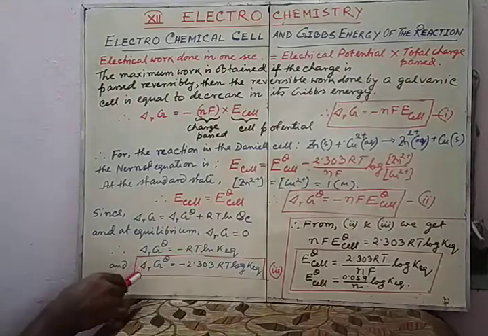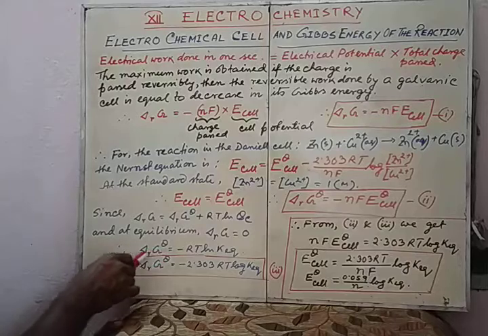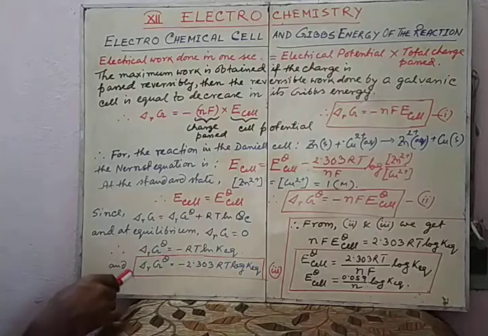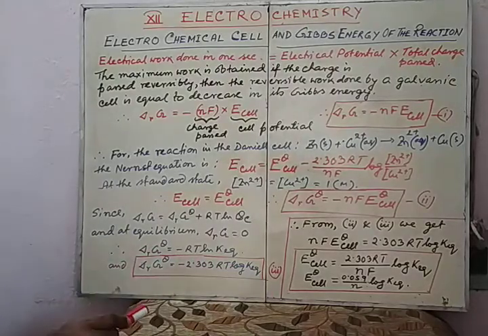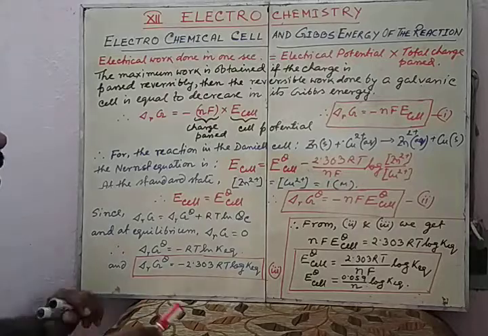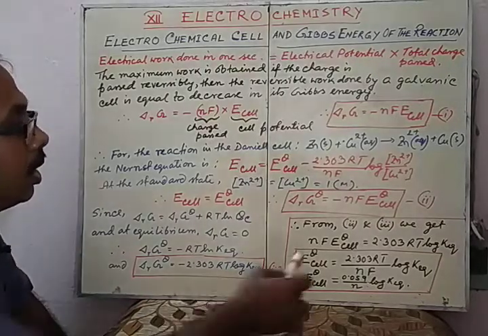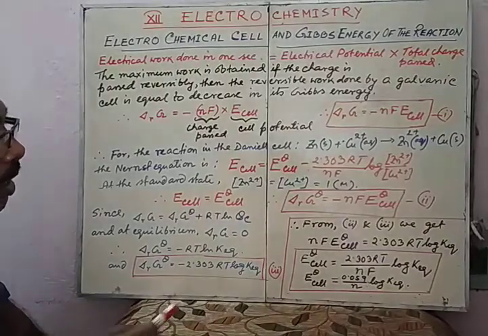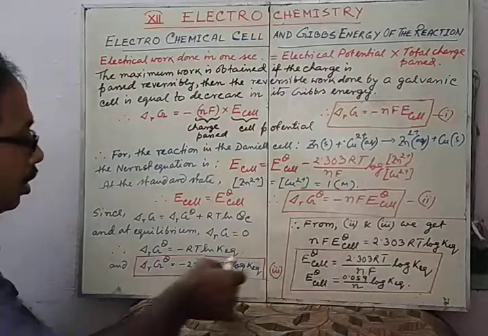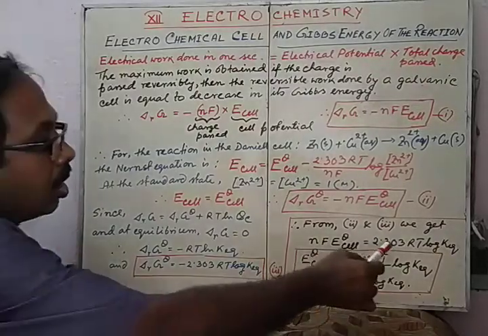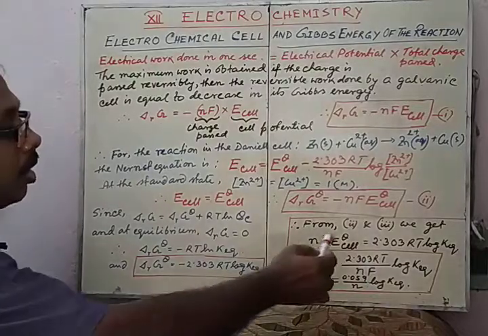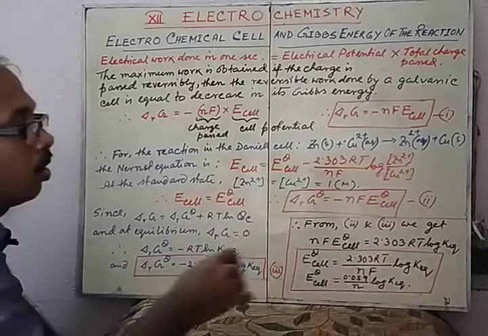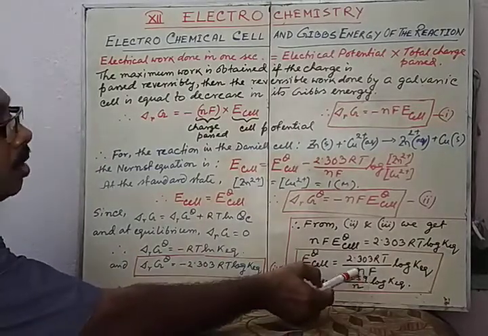So from this relation, if we want to calculate the Gibbs free energy from the equilibrium constant, knowing the value of the equilibrium constant, we can get it, and vice versa. Now, from equation 2 and equation 3, we can write nF E0 cell equals 2.303 RT log K equilibrium, and therefrom E0 cell equals 2.303 RT log K equilibrium by nF.